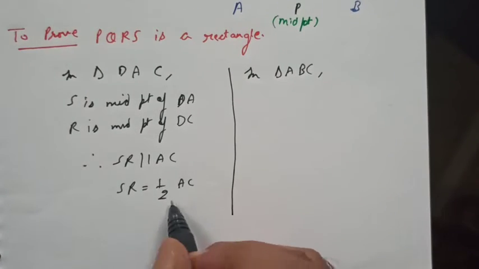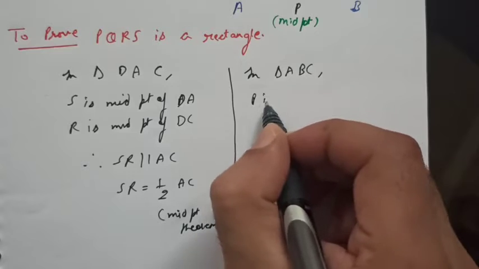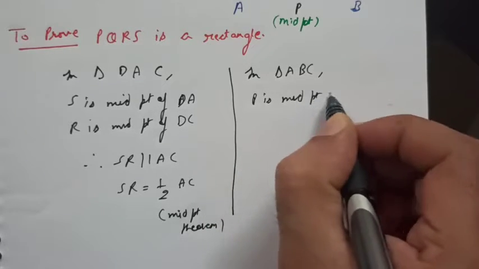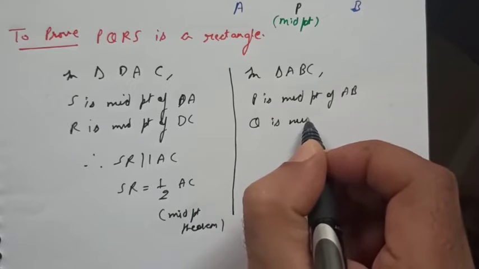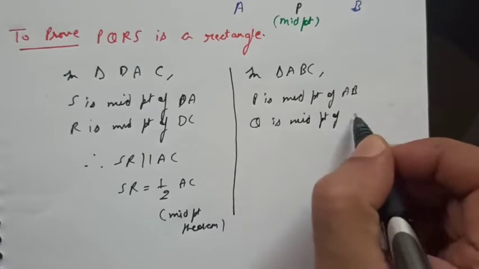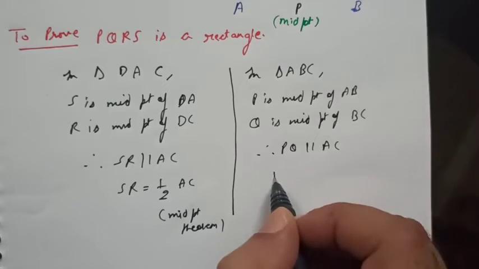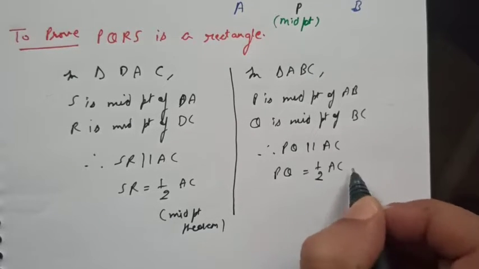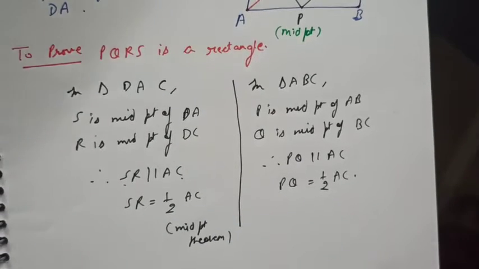So I have this also because of midpoint theorem, right? So P is midpoint of AB and Q is midpoint of BC. Therefore PQ is parallel to AC and PQ is equal to half of AC, right? So SR is also parallel to AC, right?